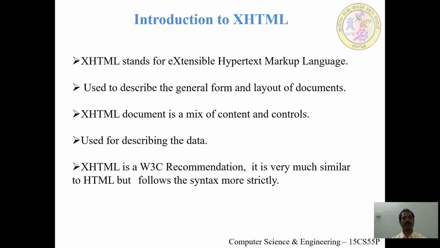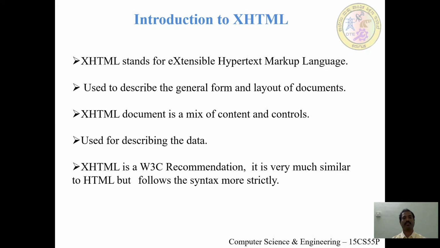So XHTML is a extended version of a HTML. The extension of XHTML is extensible hypertext markup language. It is used to describe general form and layout of a document. And a document in a layout, we use this to describe. XHTML document is a mix of content and controls.